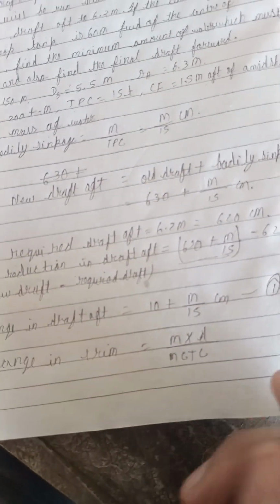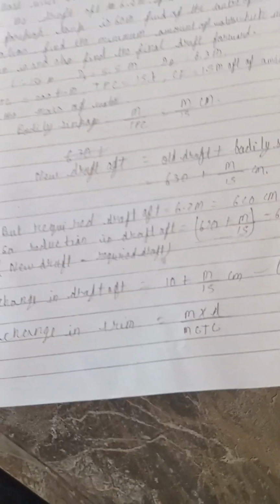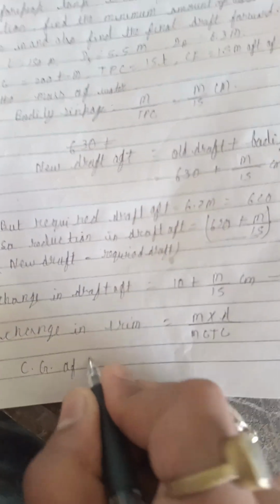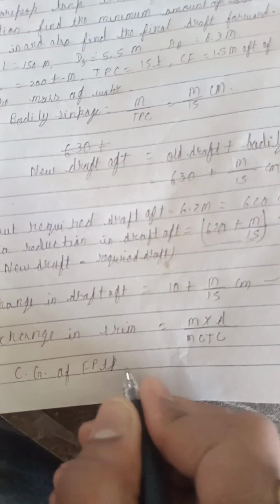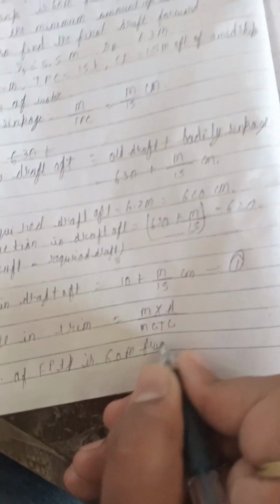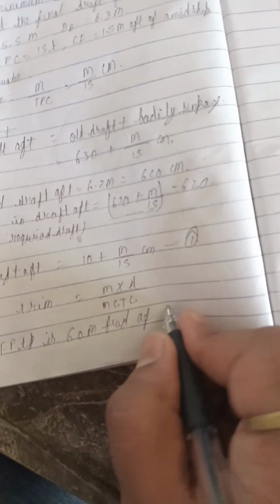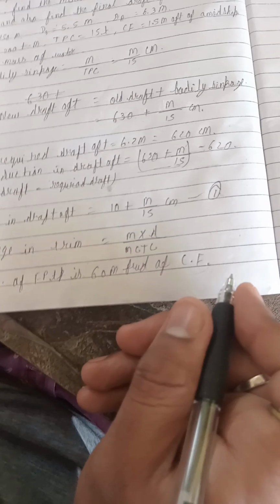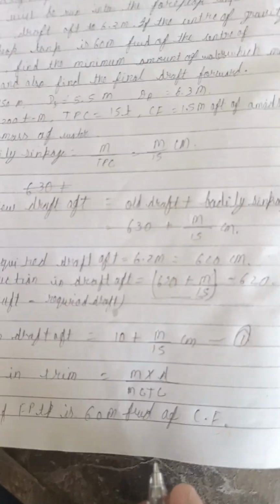A few things we are supposed to remember: the center of gravity of the forepeak tank is 60 meter forward of the center of flotation.